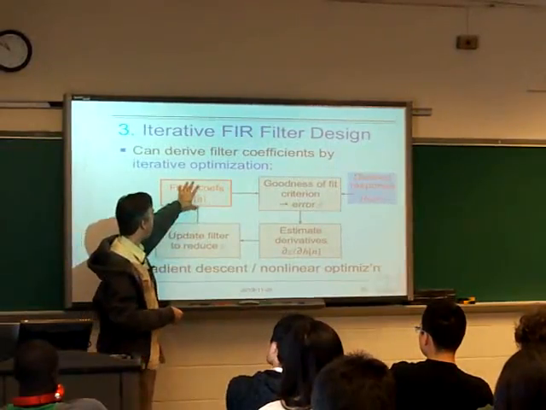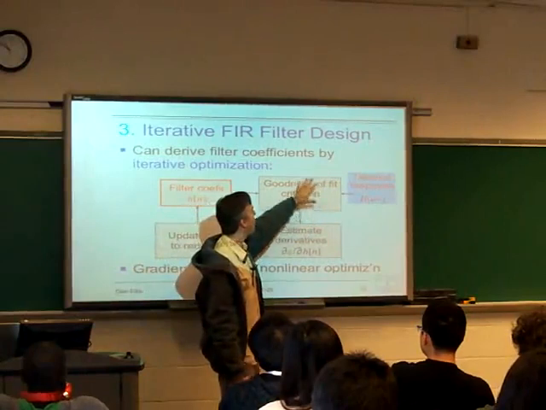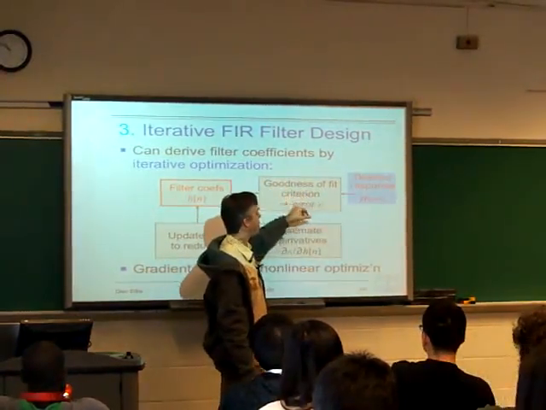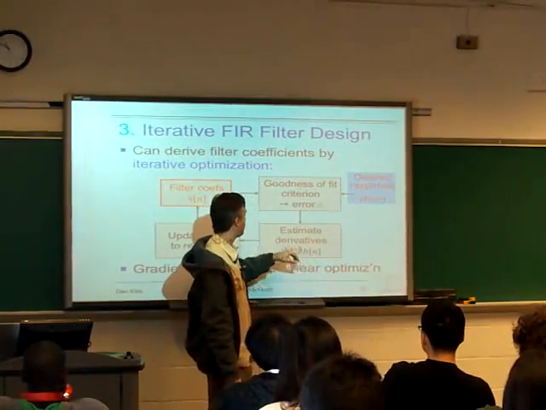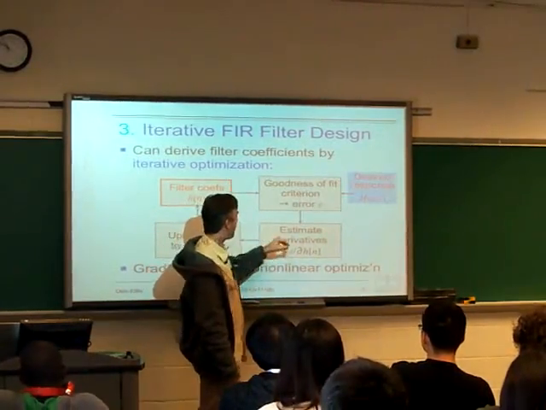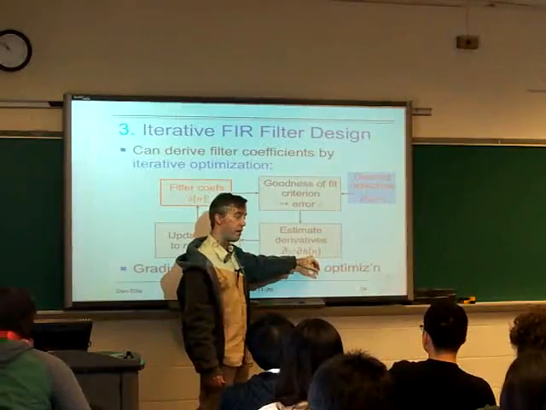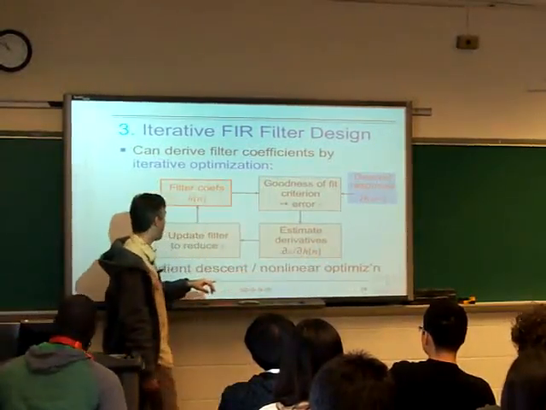So we have our definition of the filter in this finite dimensional space. We have some thing we're trying to optimize. We have the ideal filter. We have some measure of goodness of fit, and that gives us an error, epsilon. One way we can optimize is to just estimate the derivatives of the error with respect to each of our coefficients, each of the h of n's, for our finite number of n's that we care about.